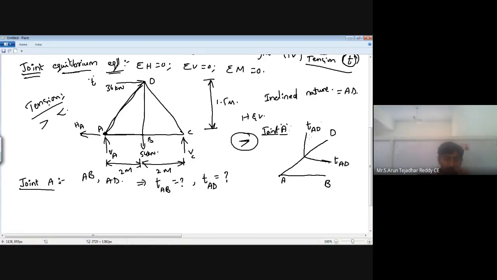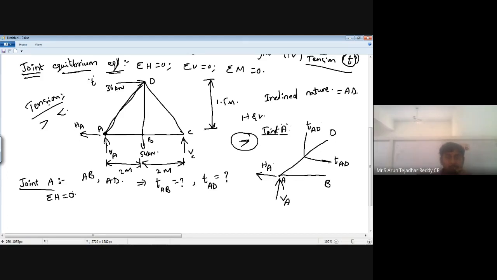Okay. Next, for joint A, apply equilibrium equations. See here, we have VA and HA for joint A. First apply the equilibrium equation, that is horizontal force.